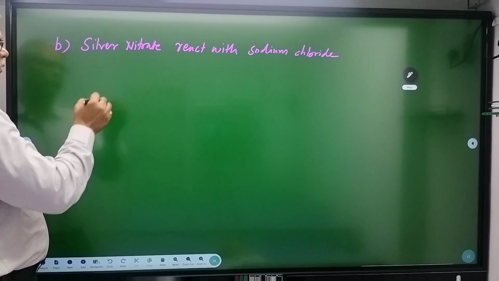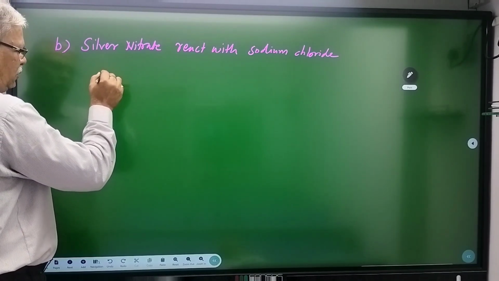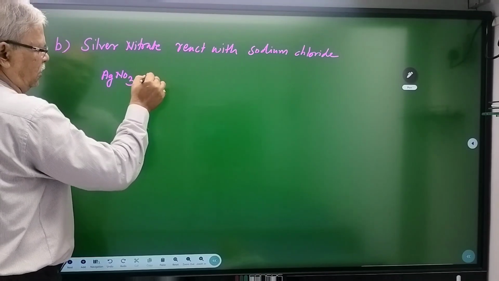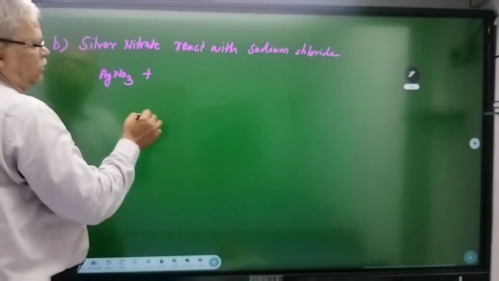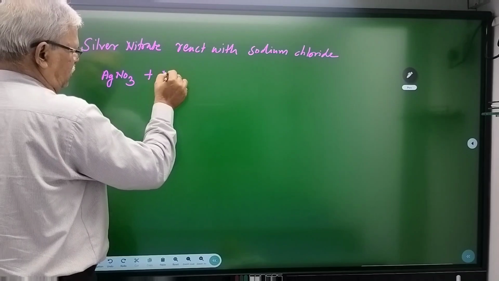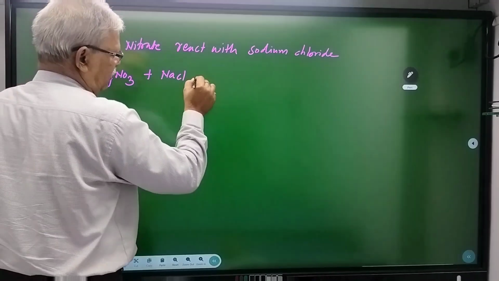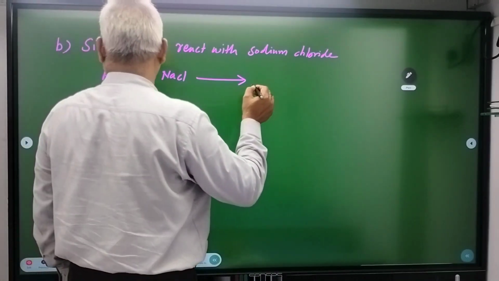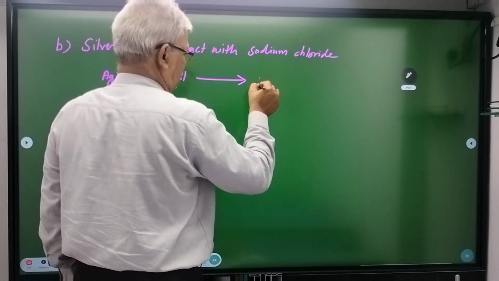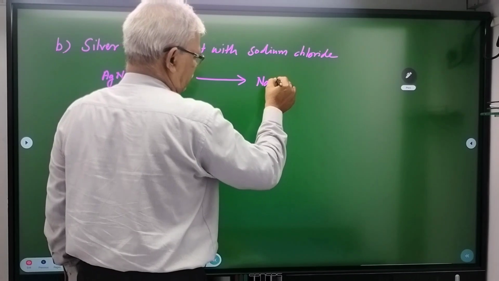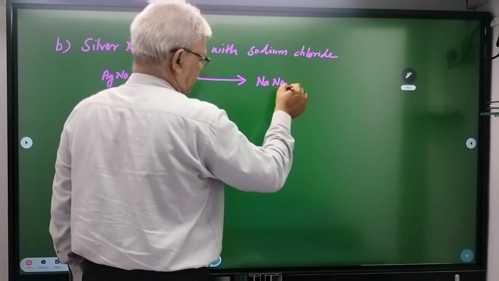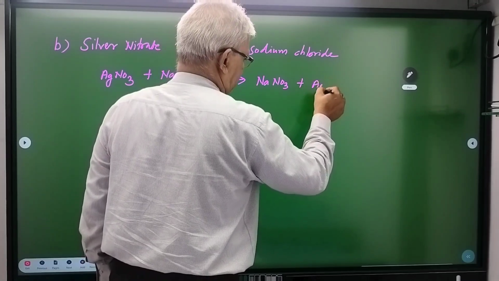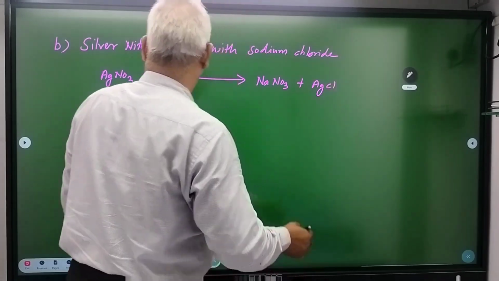Silver nitrate, AgNO3, reacting with NaCl, forming sodium nitrate and silver chloride.